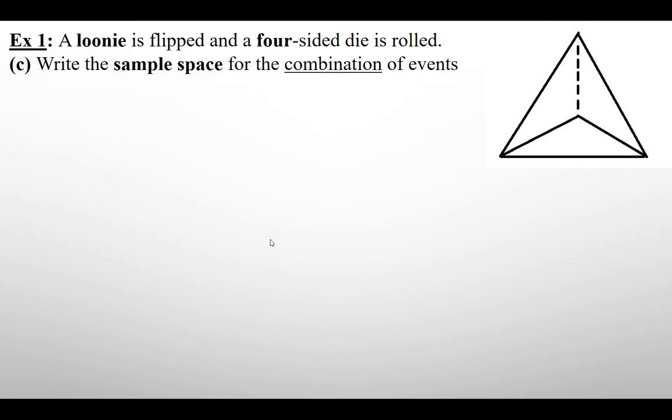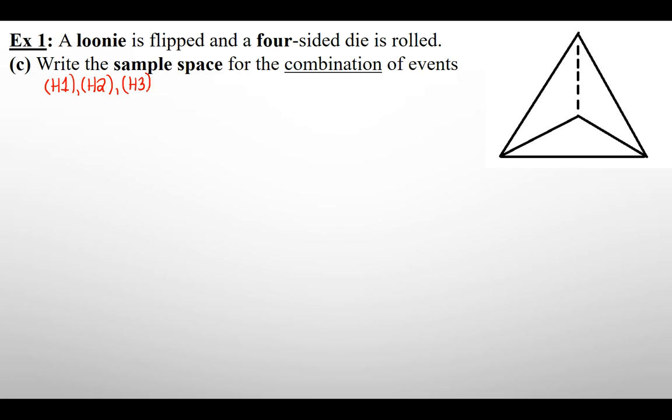It also says write a sample space for the combination of events. So a sample space, again, is where we write down every possible outcome. We put them in brackets and we separate them with commas. So what this would look like is you would have heads and 1 as one possible outcome. You have heads and 2, the second outcome.